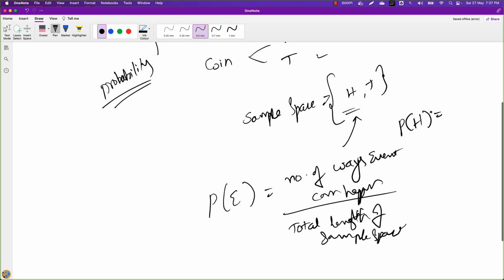So the number of ways head can appear is 1, divided by the total length of my sample space, which is 2. So 1 by 2 is the probability score. In this way, we use probability to explain, for an uncertain event, what the chance of it happening is. That is the core intuition behind probability.